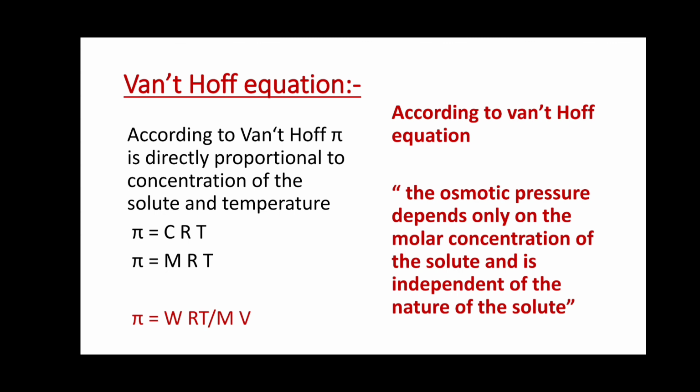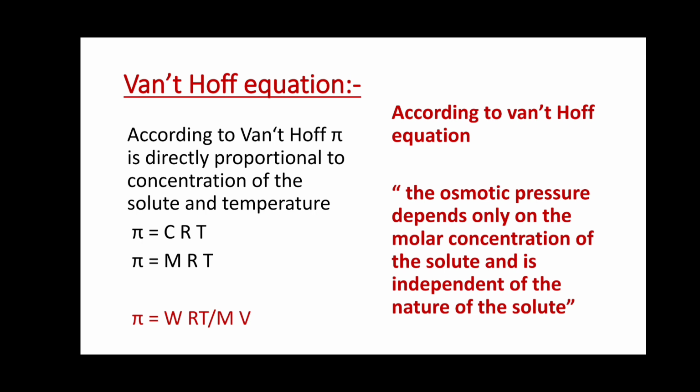This phenomenon was explained by Van 't Hoff. He derived an equation, the Van 't Hoff equation. According to the Van 't Hoff equation, pi, the osmotic pressure, is directly proportional to the concentration of the solute and the temperature.